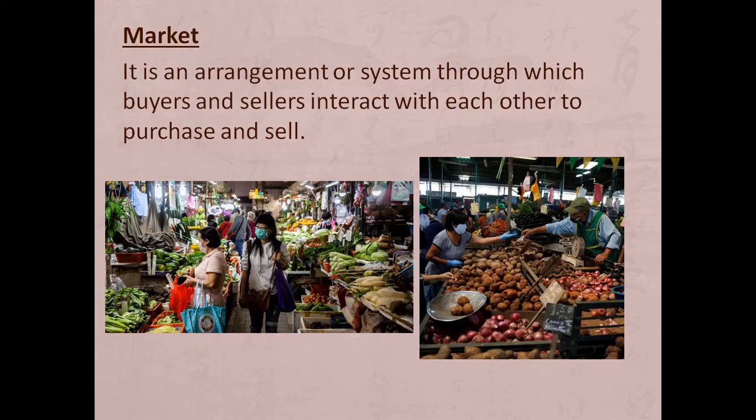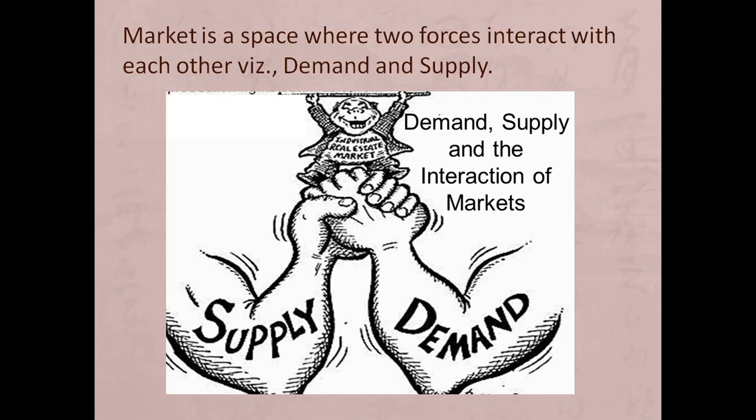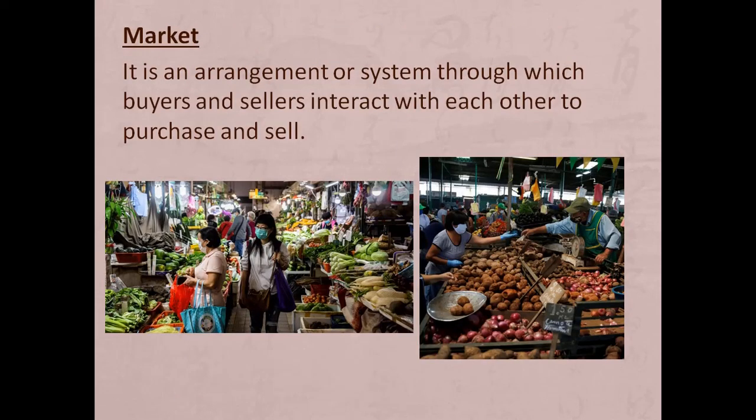Market is also referred to as a framework within which two forces interact with each other. Just like we discussed, the buyers and sellers interact with each other to purchase and sell.